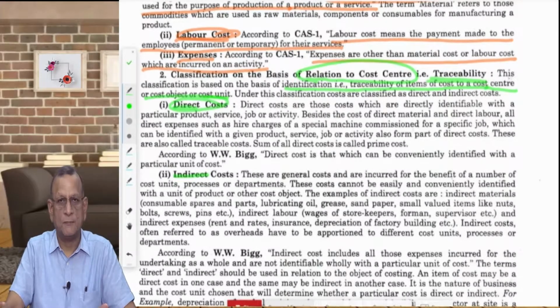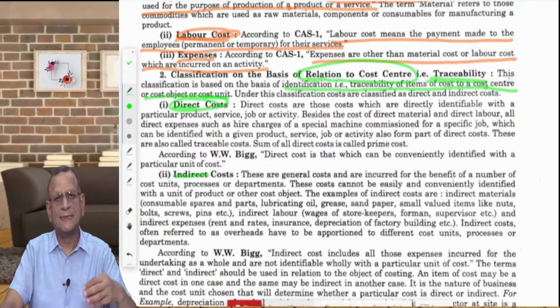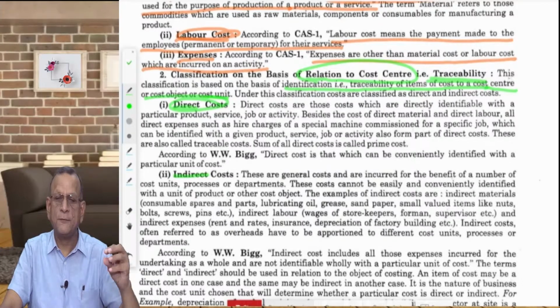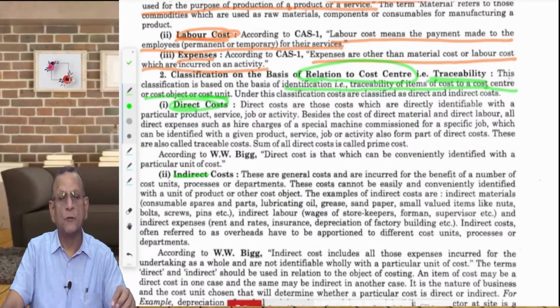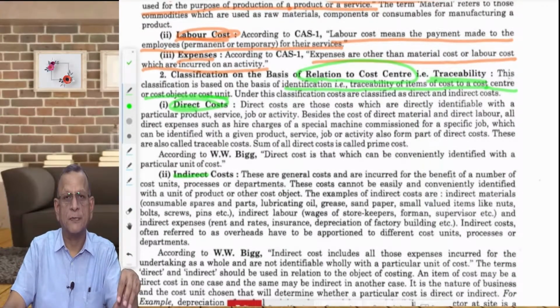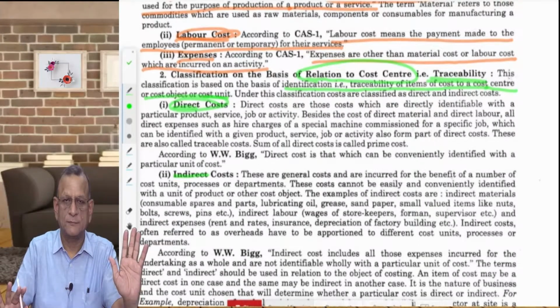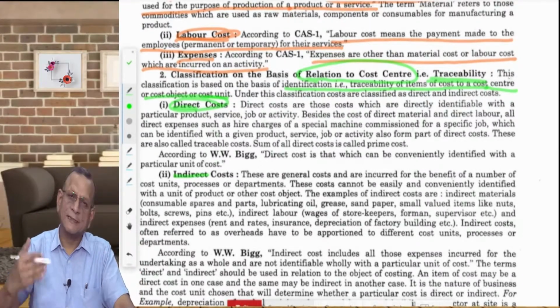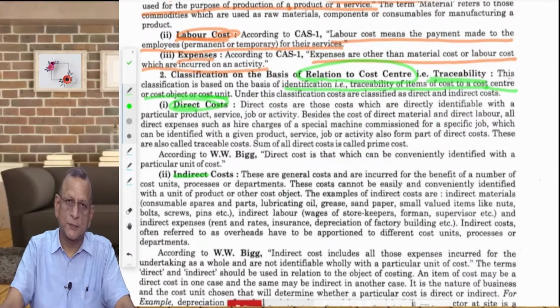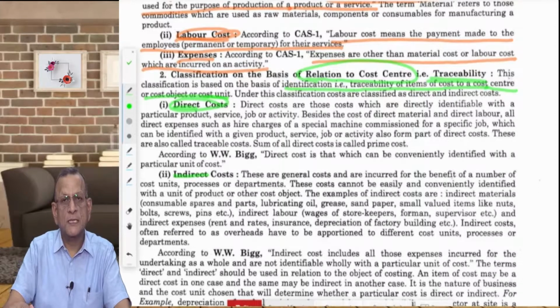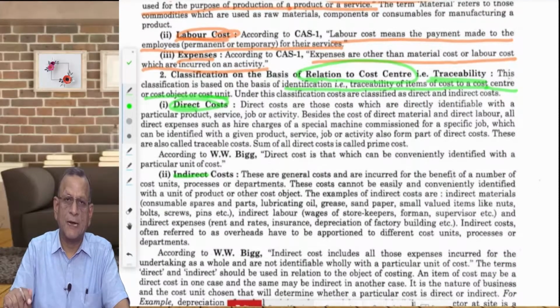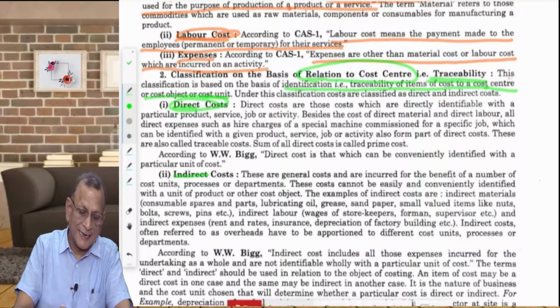I am assuming that there is a company which is producing such shirts, having a finishing department, and the activities of the finishing department are already defined. This is the assumption with which I am moving ahead. So now this finishing department will work. Whatever is being spent on this finishing department is direct cost.